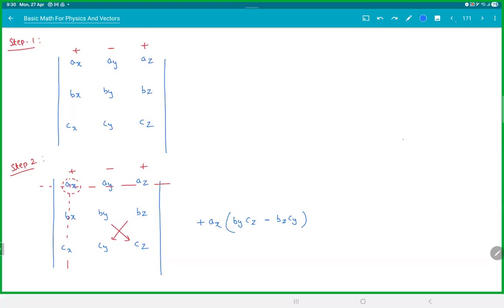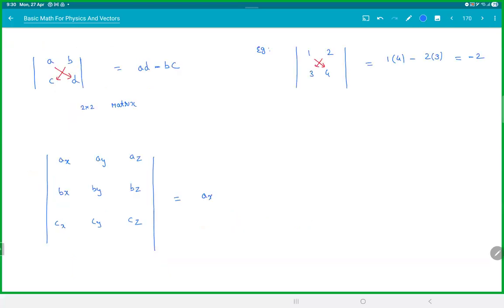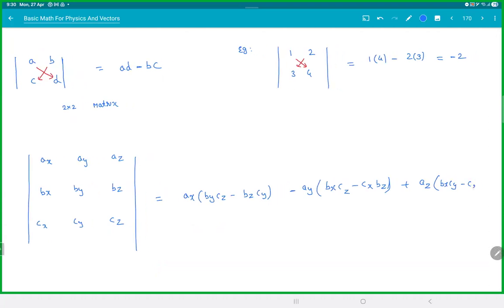So the answer would be AX into BY CZ minus BZ CY, minus AY into BX CZ minus CX BZ, plus AZ into BX CY minus CX BY. You'll get used to it.